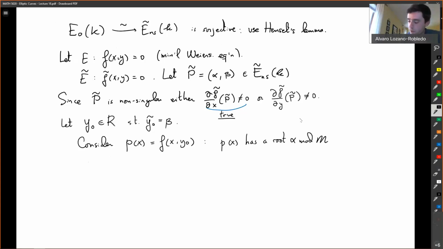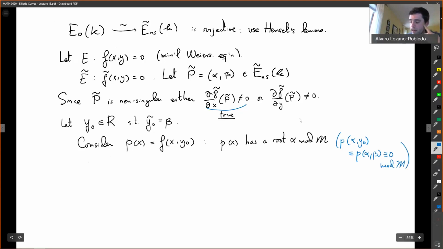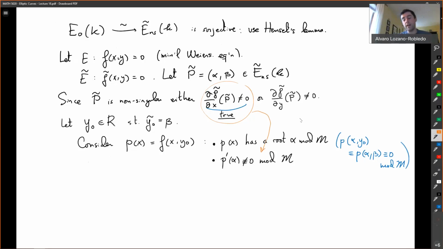modulo m, right? Because P of alpha, y naught is congruent to f of alpha, beta, and we know that it's a point on E twiddle, so this has to be 0 modulo m. And the other thing that we know is that P prime evaluated at alpha is non-zero modulo m because of this. That is exactly what that derivative not vanishing means.